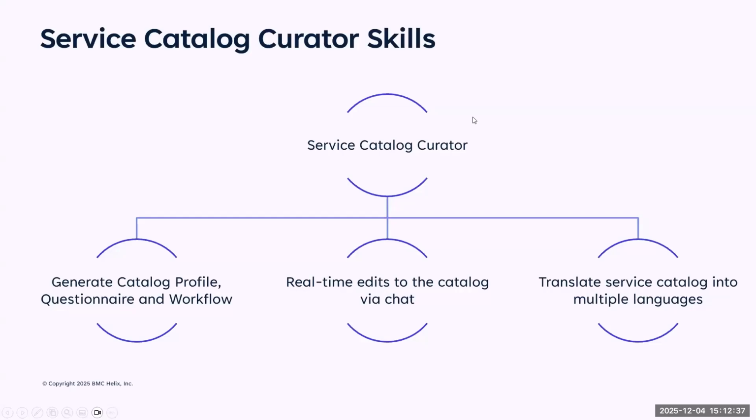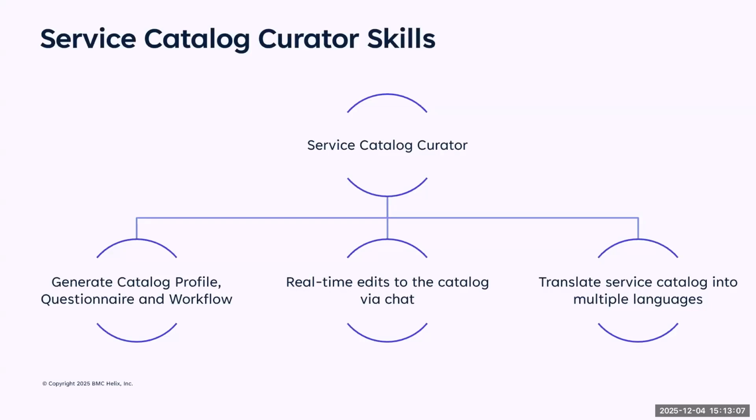If I break down my Service Catalog Curator, there are 3 different steps that we can use in the agent. One is generate catalog profile, questionnaire, and workflow. So it's like, okay, agent, I want to create this service request. So it is created with all of this: catalog profile, questionnaire, and workflow. But then when you read that, maybe you want to do some changes, update this.